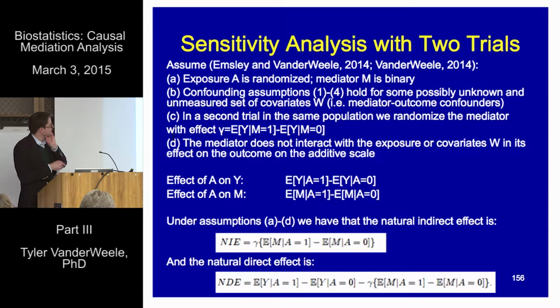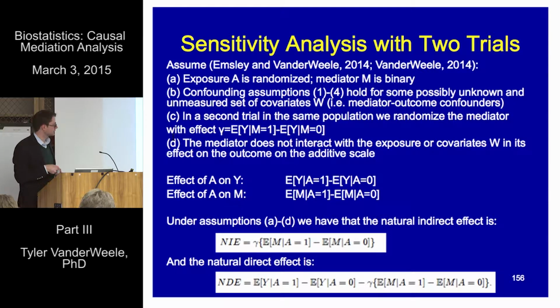Under these assumptions here, which are relatively mild compared to what we were looking at before, the natural indirect effect is actually just given by the effect of the exposure on the mediator, which we obtained from the randomized trial, times the effect of the mediator on the outcome. This is just like the product method, but each of the components now we're obtaining from a randomized trial, of the exposure and of the mediator, respectively.